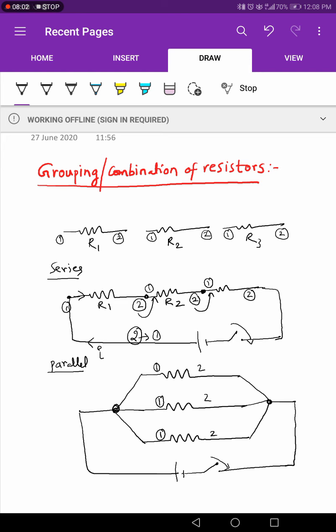So there is no deviation. That means the same number of electrons that pass through resistor 1 also pass through resistor 2, and the same number pass through resistor 3. That means in series combination the current in each resistor will be the same, that is I.